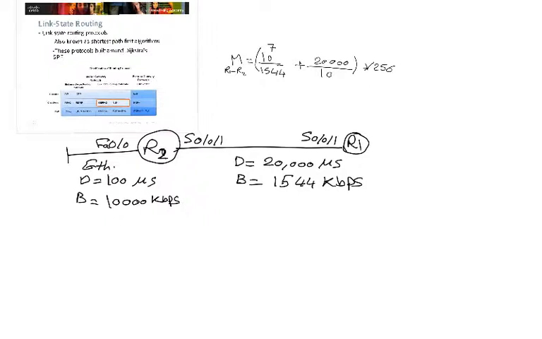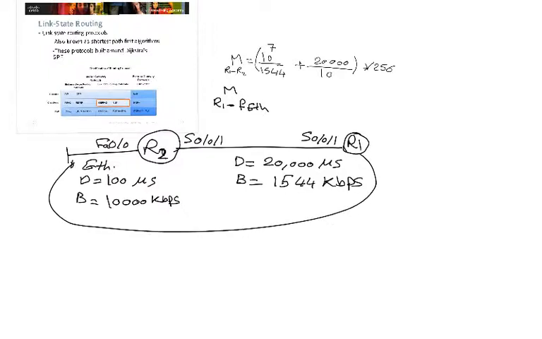The second thing is if I want to calculate the metric between R1 and the R2 LAN, the fast Ethernet, not just to R2, in which case we have two hops or two links.